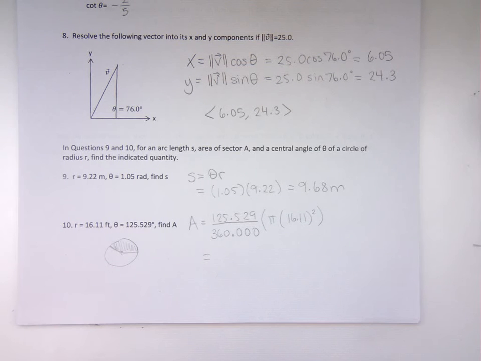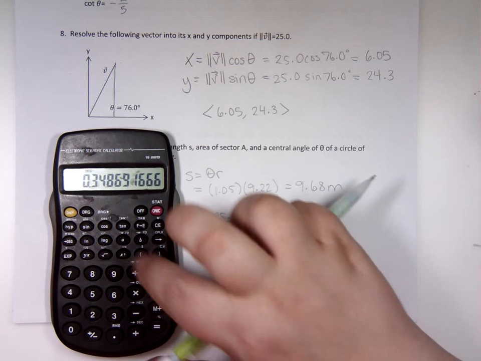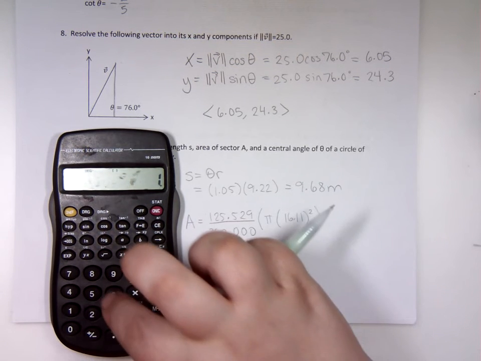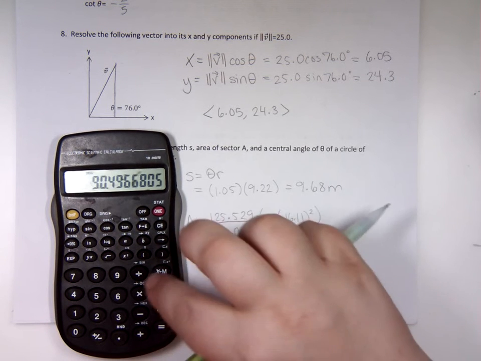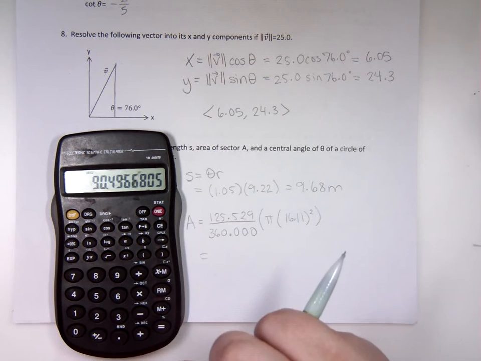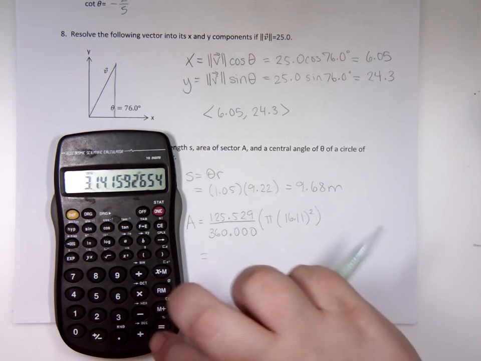So what have we got? This is what I got after I divided 125.529 by 360. Now I'm going to multiply by, in parentheses, 16.11 squared. And then I'm going to multiply by pi. Okay, so what have we got?